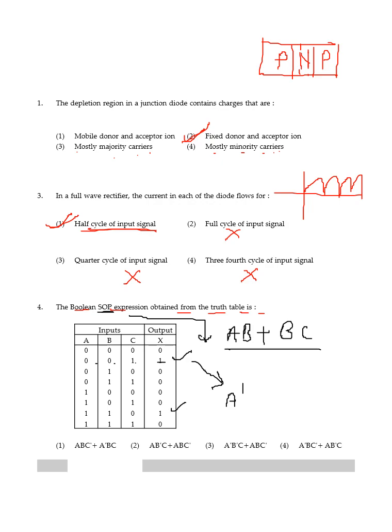Plus the next expression corresponding to 1, that is ABC: A, because corresponding to A there is a 1, then B has a 1, so I write B, and C bar. Now let us find the answer corresponding to that. In the third option, we get A bar B bar C plus ABC. So the correct option is C, or third.